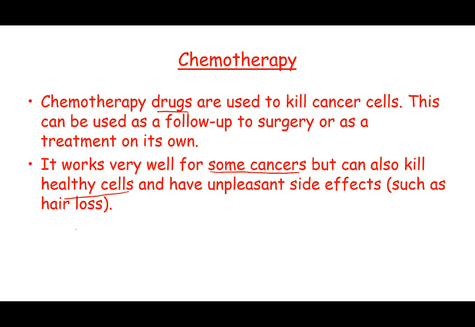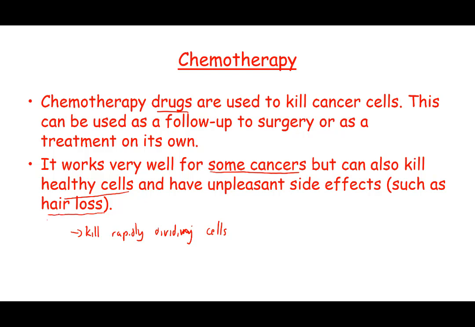So chemotherapy basically works by trying to kill rapidly dividing cells. And the problem is, because it kills rapidly dividing cells, it can also kill cells in your body which divide rapidly, such as the ones which produce hair, so your hair follicles.